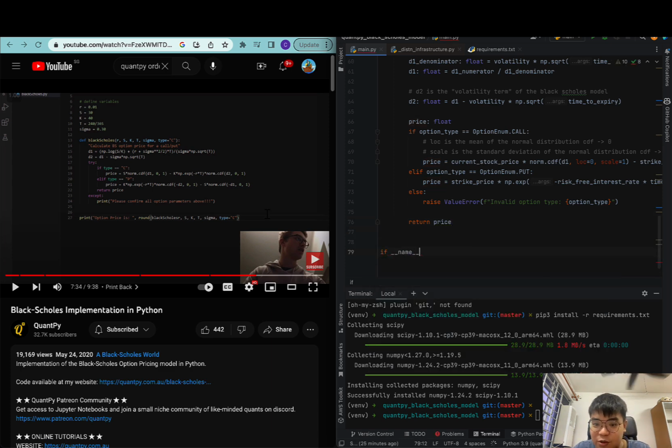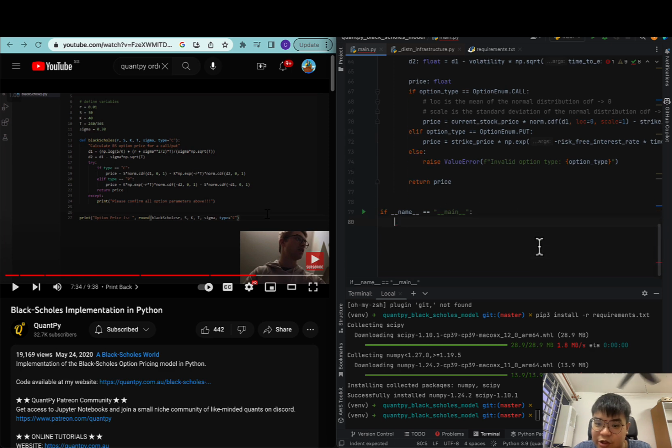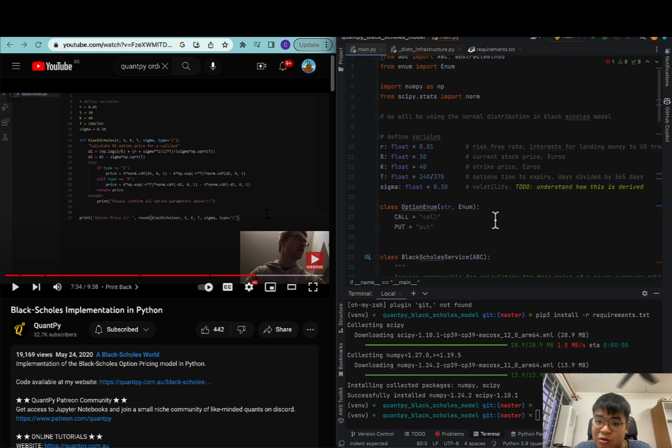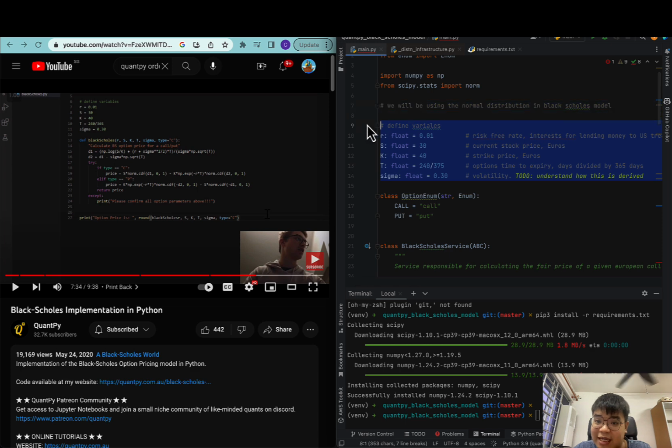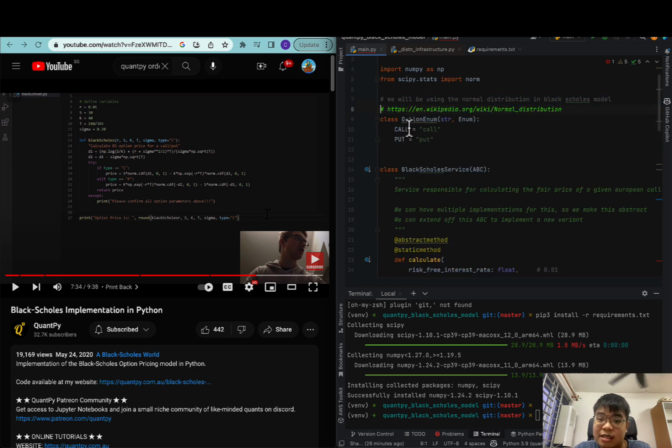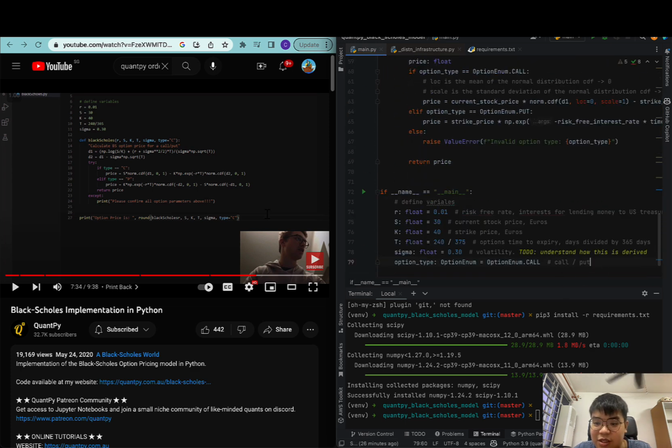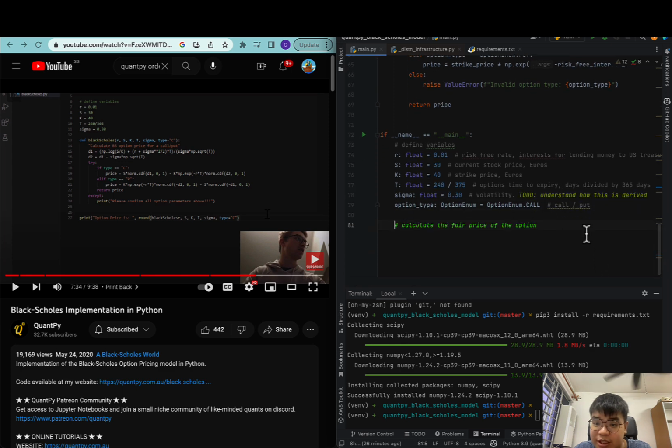I'm assuming that through using this model more and more, we should develop a good intuition for how exactly this Black-Scholes service works.